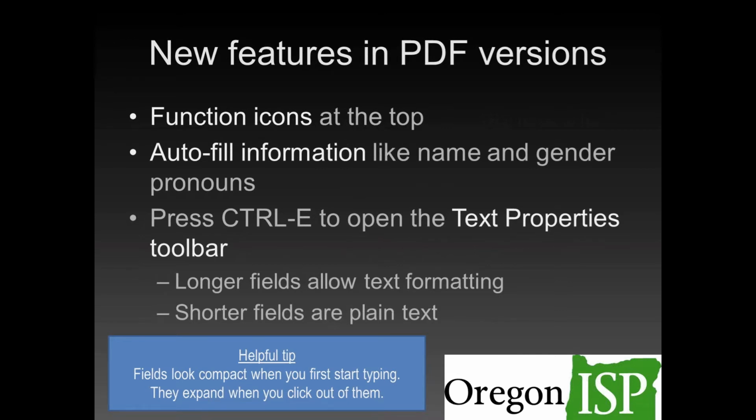Control-E, I remember the word edit, like I want to more richly edit the text. So Control-E to edit, it'll open a text properties toolbar, and that will let you do things like add bulleted lists or add bold or italics or other things that can help make the document more easy for caregivers to understand.